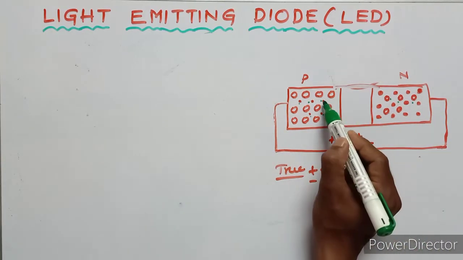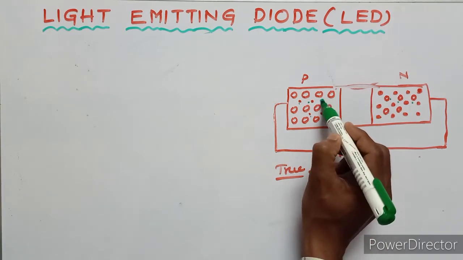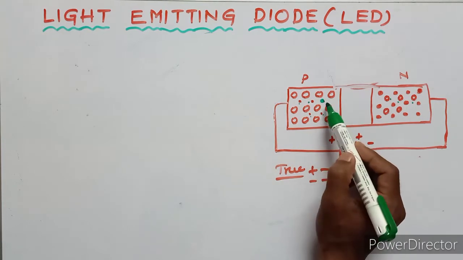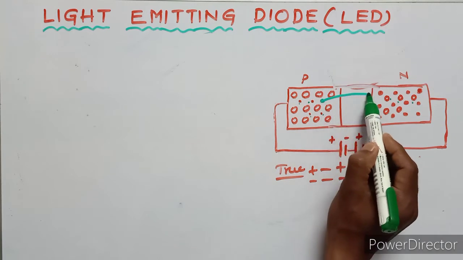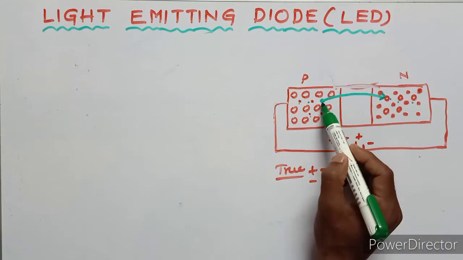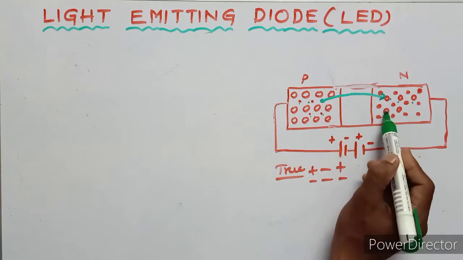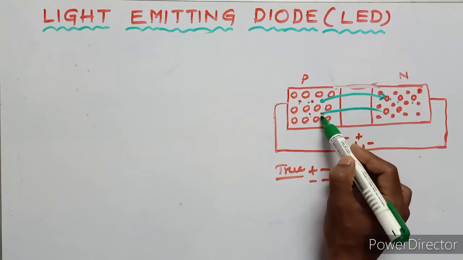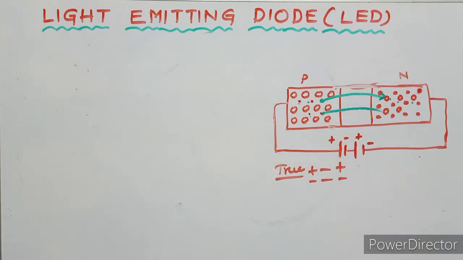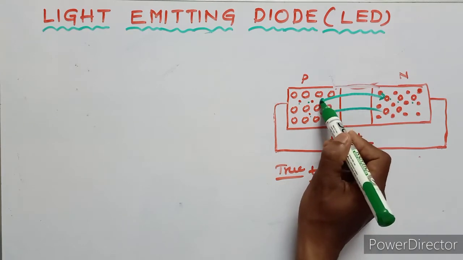energy, then here this is the minority free electron, which jumps to this side. So this minority electron is recombined with a minority hole. This minority hole is recombined with a minority free electron.